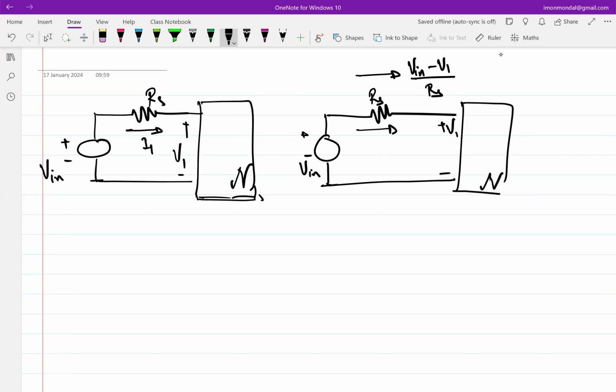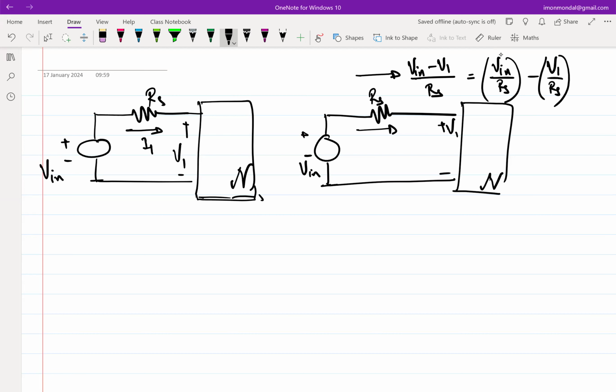Since we would like to replace this V in with a current source, it probably makes sense to express everything in terms of some current minus some current, right? Instead of writing V in minus V1 over Rs, I will write it as V in by Rs minus V1 over Rs.